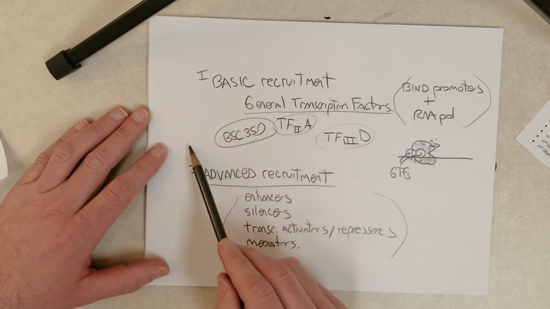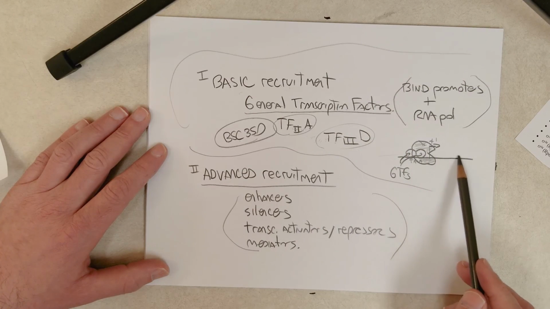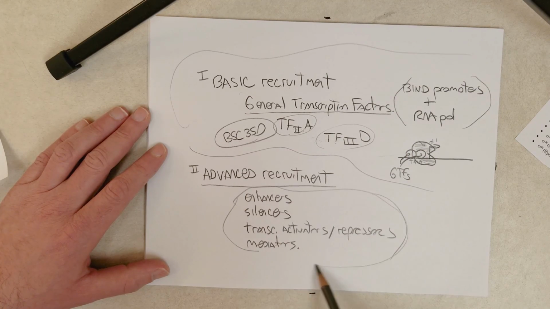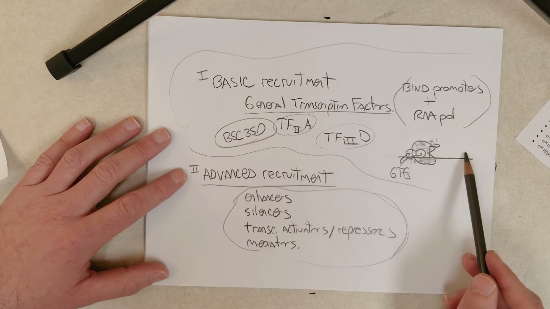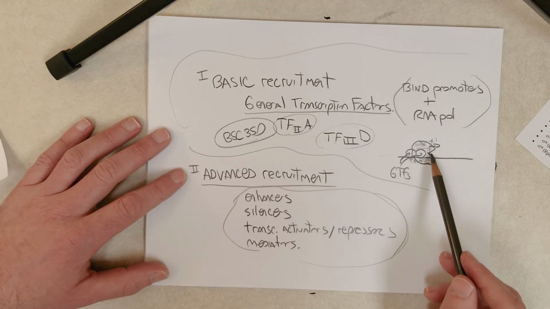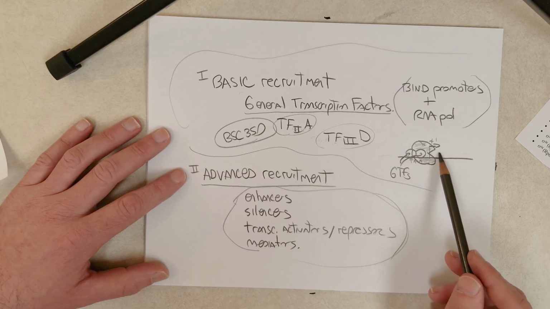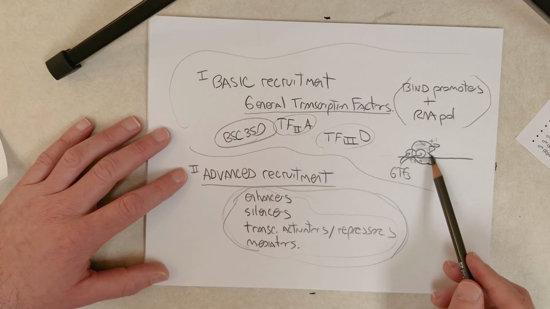All this is absolutely necessary just to get RNA polymerases on here and get transcription started. Then we have all these other things. Advanced recruitment is to really increase the level at which RNA polymerase is recruited to promoters to increase expression, or other things to silence or prevent expression. In this case, I'm using expression and transcription synonymously. But advanced recruitment is going to involve all these complicated things right here to control the levels of transcription.